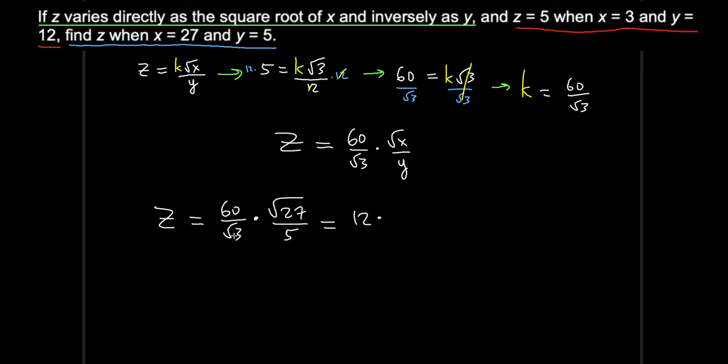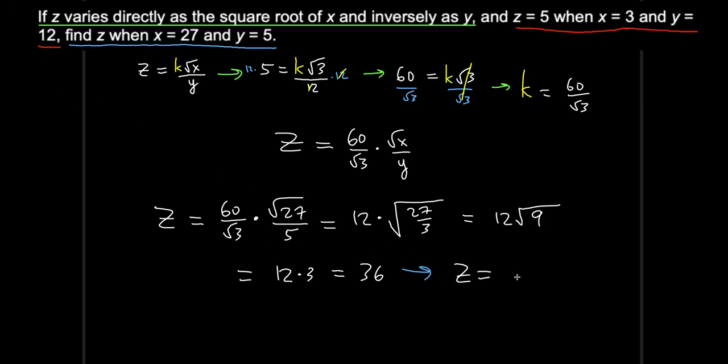And then we can put 27 and 3 in the same radical, because radical 27 divided by radical 3 is the same thing as radical 27 over 3. 27 over 3 is equal to 9. And that's easy, because we know radical 9 is equal to 3, so 12 times 3 is equal to 36. So z is equal to 36, and that would be the answer to this given problem.